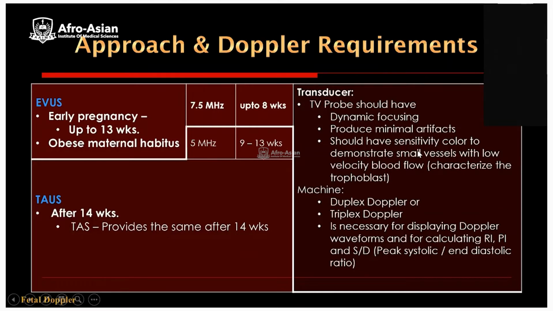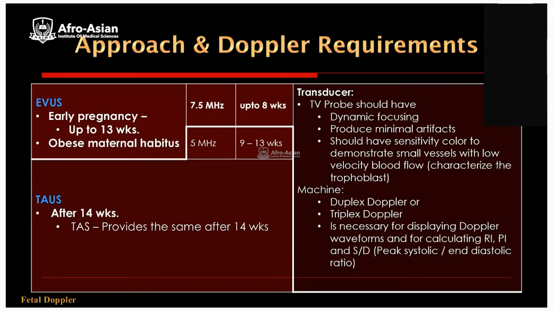The transducers, the TV probe, should have dynamic focusing, produce minimal artifacts, and should have sensitivity in color to demonstrate small vessels with low velocity blood flow, which is the characteristic of the trophoblastic changes.